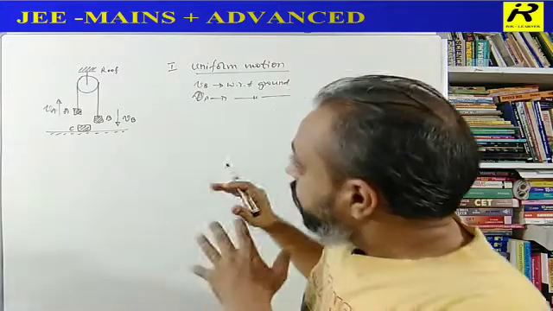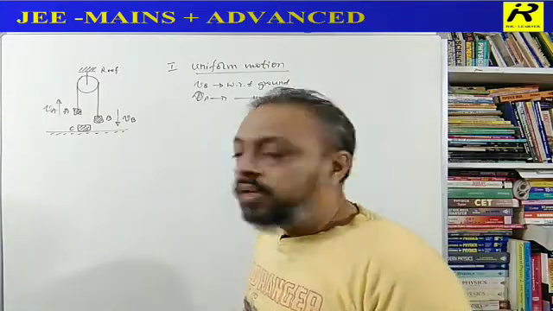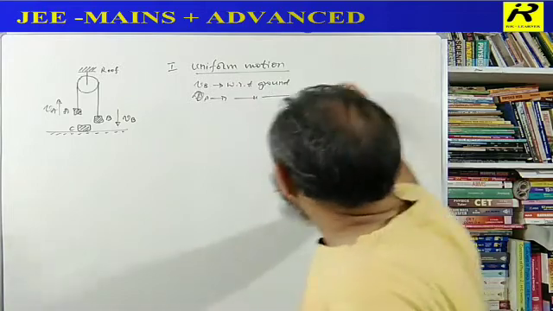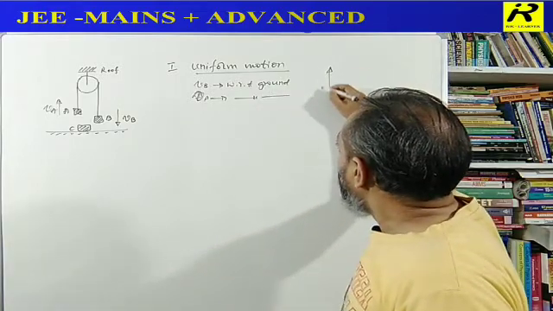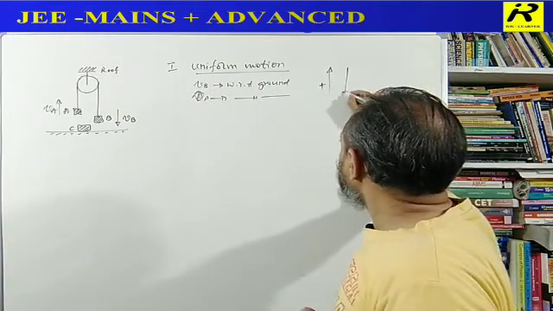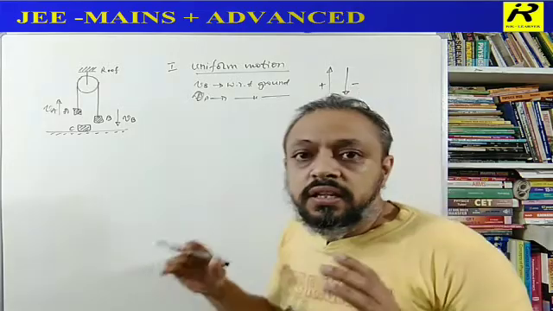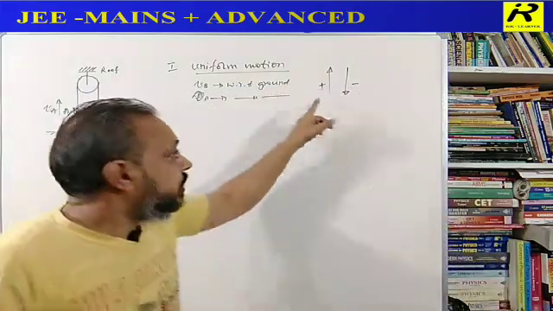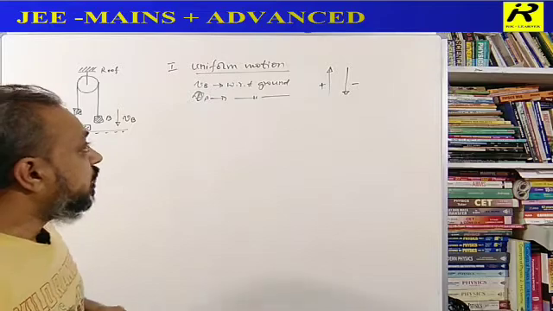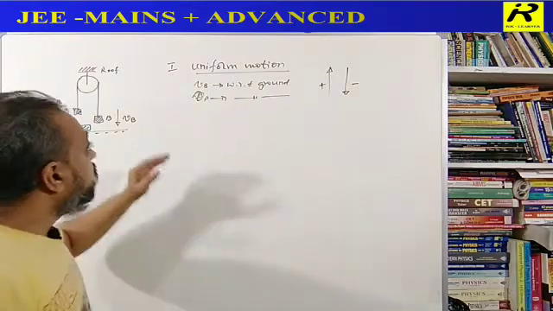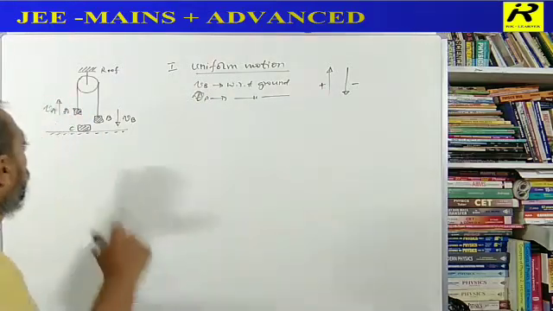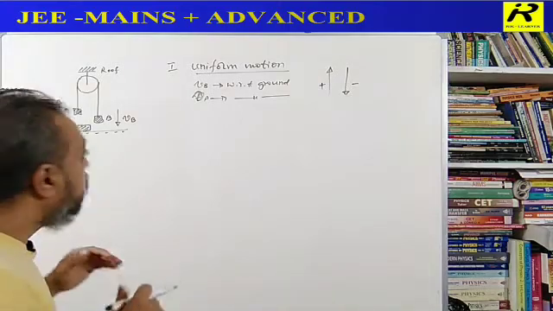One more thing I have to tell you: all directions which are considered upward are taken positive and all directions directed downward are taken negative. This is the most important conclusion that we must learn about sign. Now I am going to tell you what happens with the relative motion.